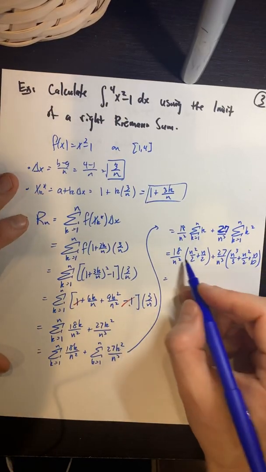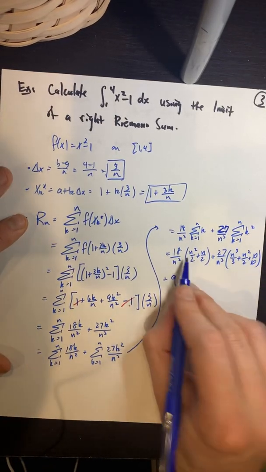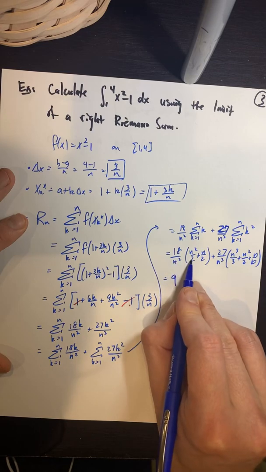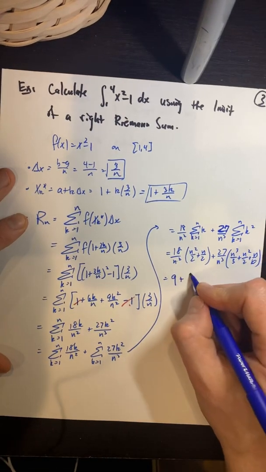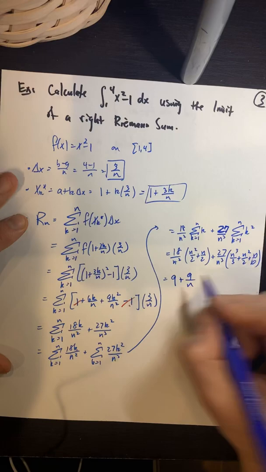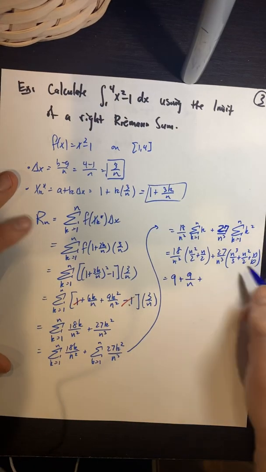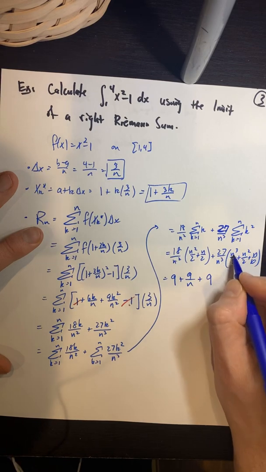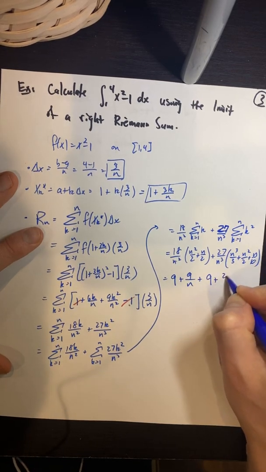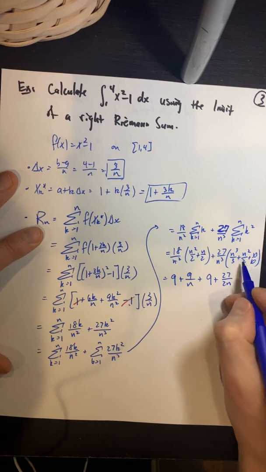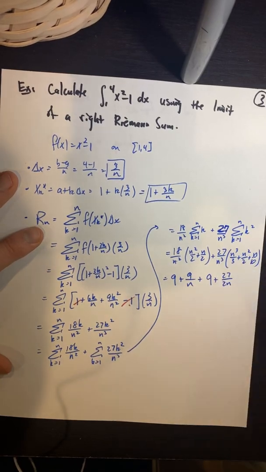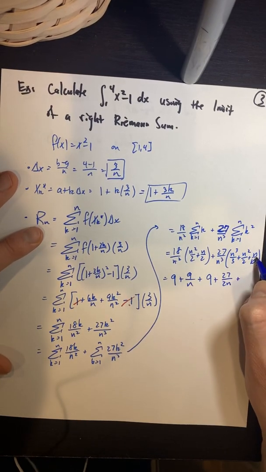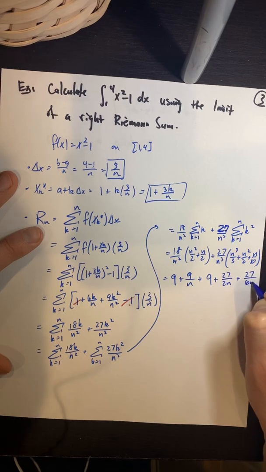Multiplying inside, notice that I will get 9 because the n squareds will cancel. 18 cancels with the 2, and then plus 9 over n for those two terms. This one I would get 9 again because the 27 and the 3 cancel and the n cubes cancel. Then I would get plus 27 over 2n because the n squared and the n cubed cancel, leaving an n in the bottom. And finally 27 over 6n squared.